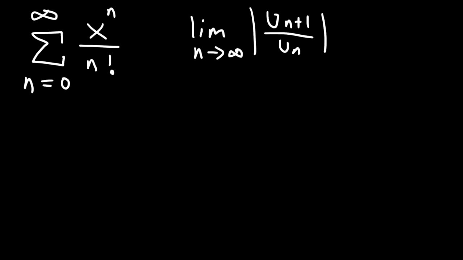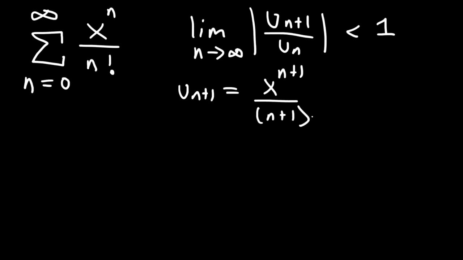And we need to see where it's less than 1, where the series converges. So u sub n plus 1, all you got to do is, in this expression, replace n with n plus 1. So it's x to the n plus 1 divided by n plus 1 factorial. And u sub n, that's just the original expression, x to the n over n factorial.